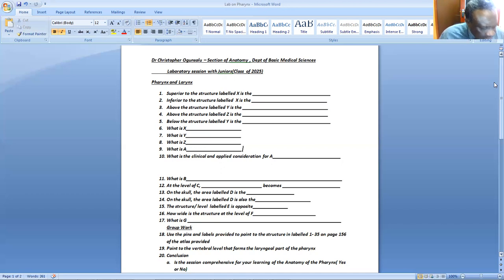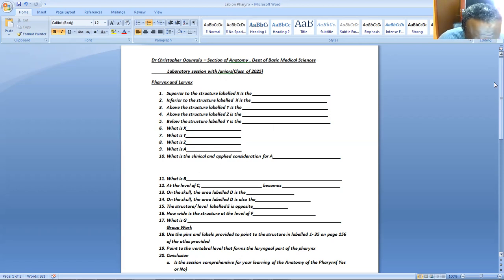The label X, the structure label X, will be the soft palate. The structure label Y will be the upper border of the epiglottis. And the structure label Z is the lower border of the cricoid cartilage.